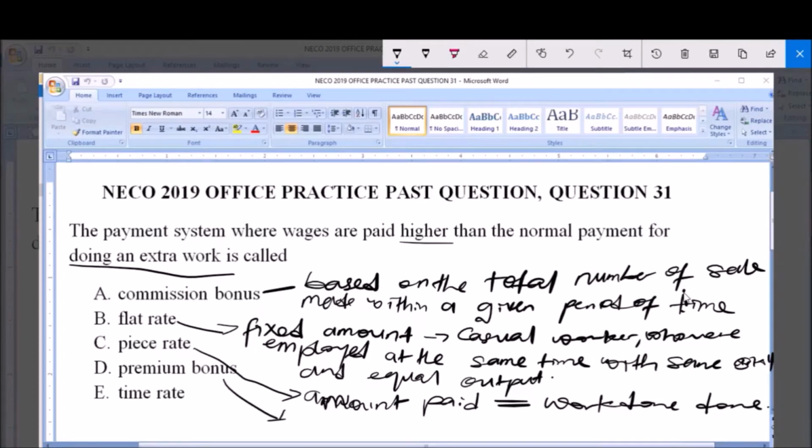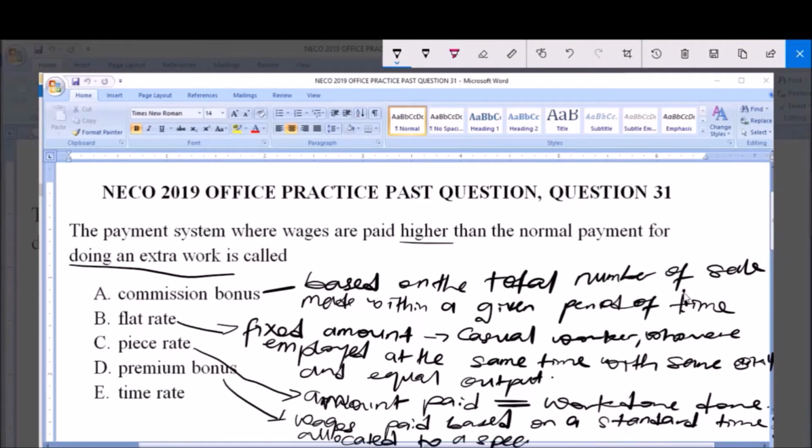Now this is premium bonus. In terms of premium bonus, the wages are paid based on a standard time allocated to a specific job.